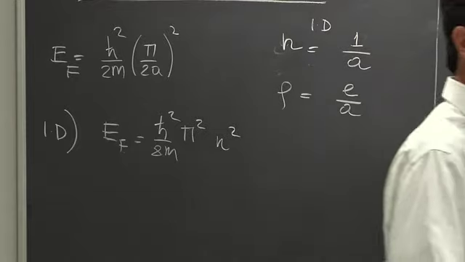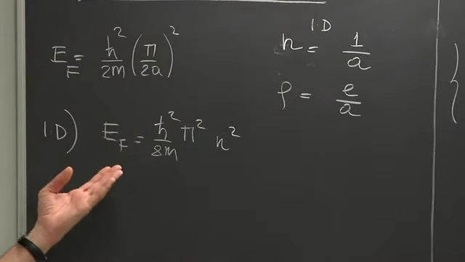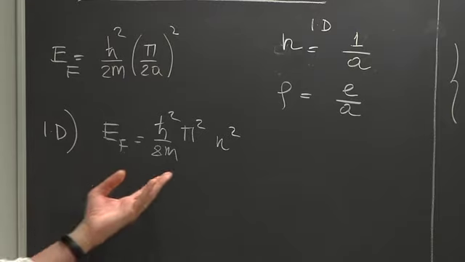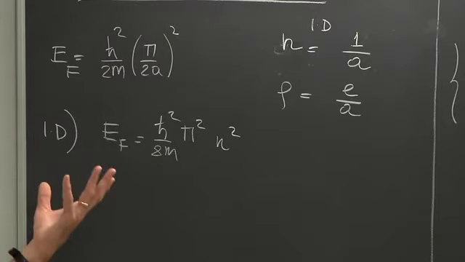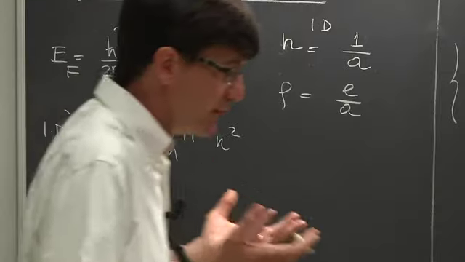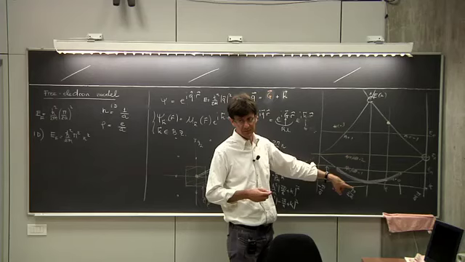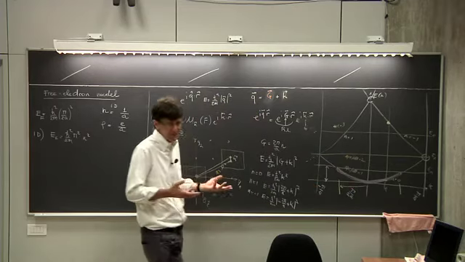I could redo the derivation. But what I'm arguing is that the result cannot change, because this result is entirely based on the behavior of the electrons. And the electrons don't even know about the existence of an underlying lattice. We force them here to know about it, but they don't know about it.